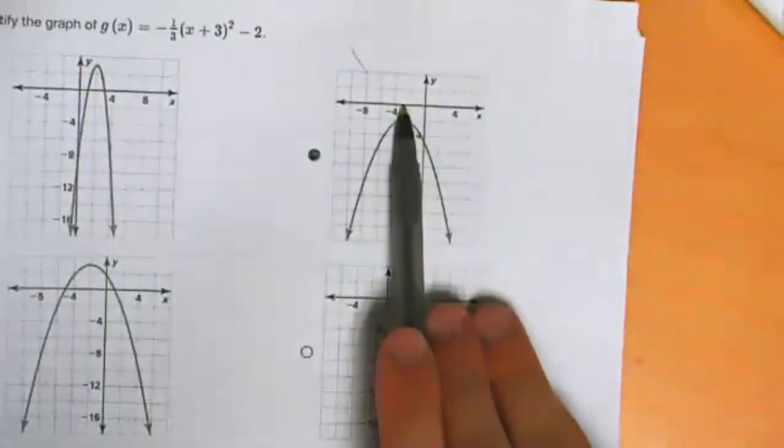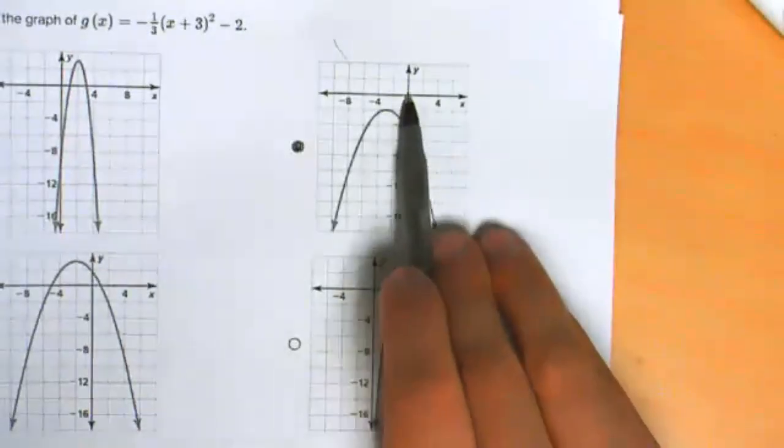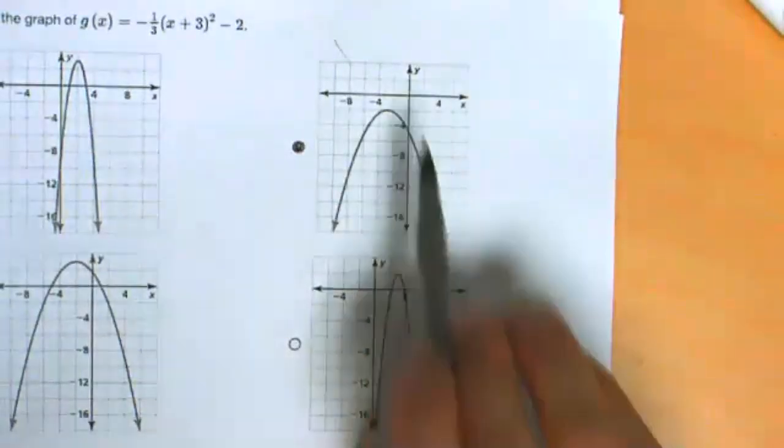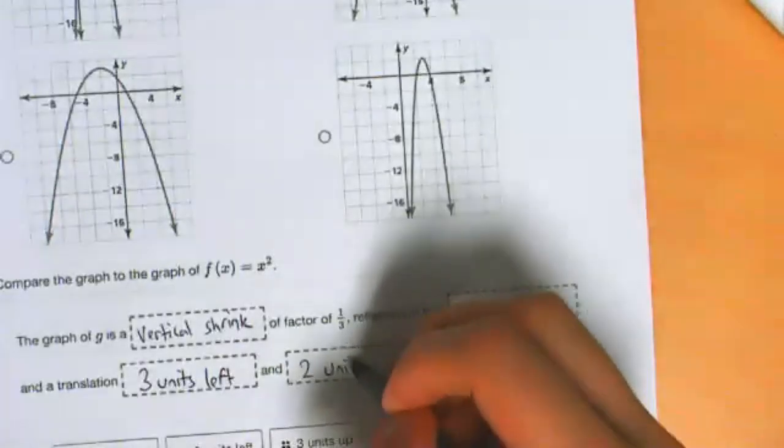And you should be able to read this directly off the graph. We move 3 units to the left. So I put that in. And then if we look over here, we move 2 units down. And we can tell we move 2 units down because each of these boxes represents 2 units. So you will have to pay attention to the scale on the graph. So we 3 units left, 2 units down.